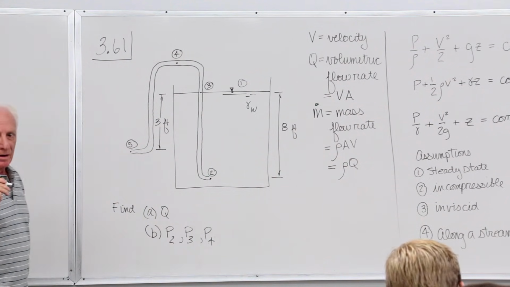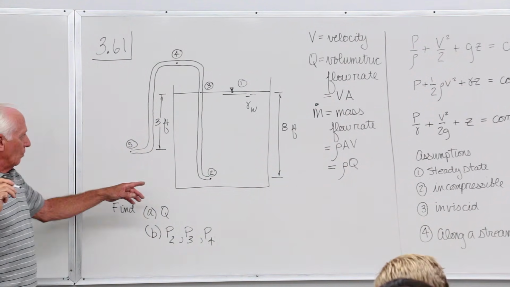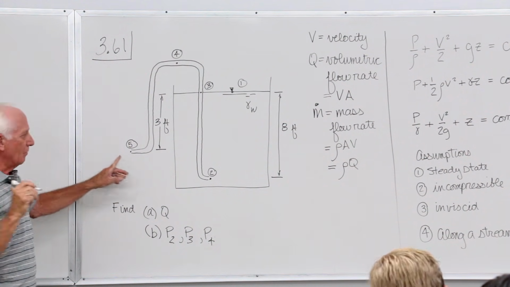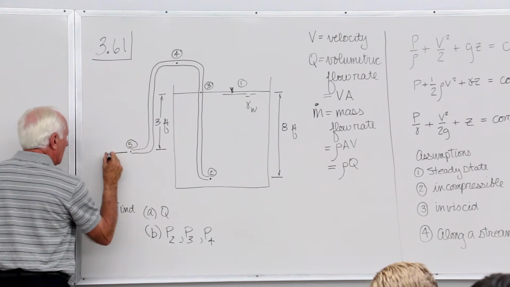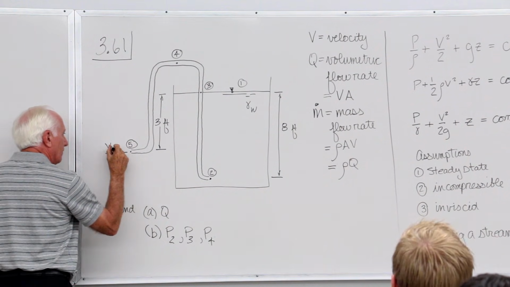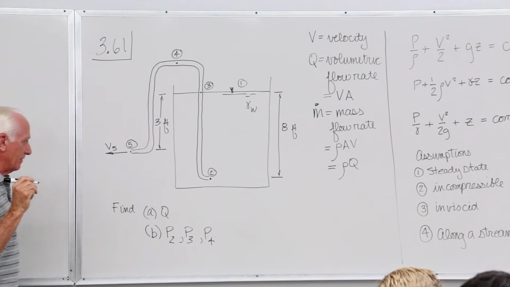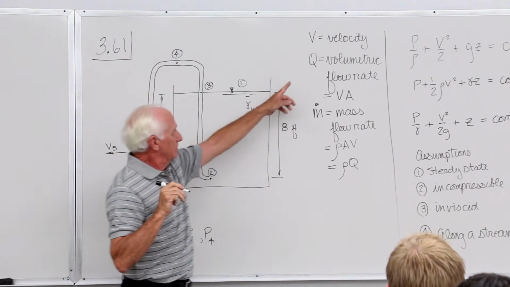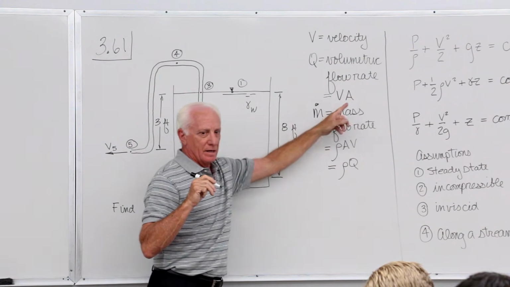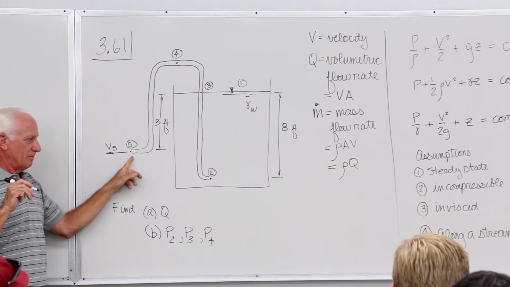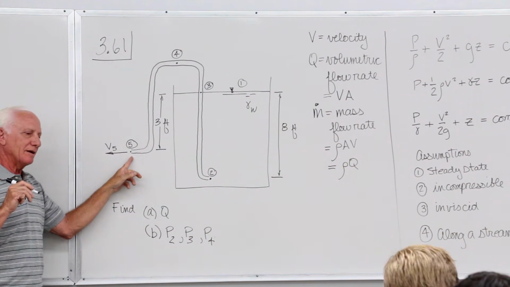Okay. Now, I know with the siphon, the water's going to come out of here. That's a siphon's purpose in life. Water comes out of here. I know I want to find that velocity, V5, because I know Q is V times A. What A? The area of that pipe, right there where my fingertip is. Okay, so I've got to find V5.